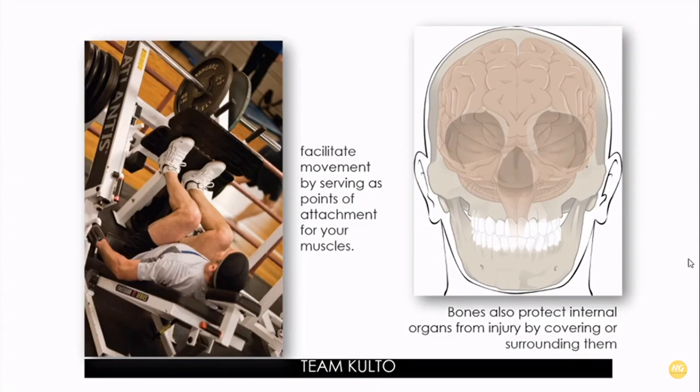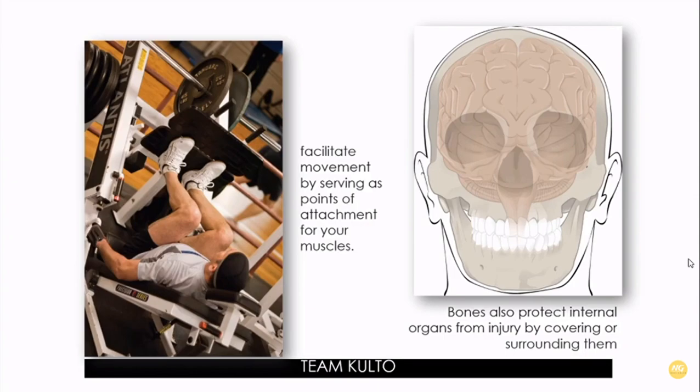Unless muscle spans joints and contracts, bone is not going to move. Bones also protect internal organs from injury by covering or surrounding them. For example, your ribs protect your lungs and heart. The bones of the vertebral column, the spine, protect the spinal cord, and the bones of the cranium, or the skull, protect the brain.